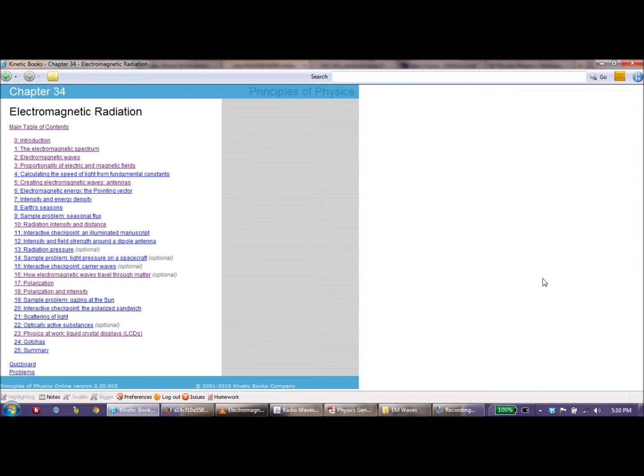The first section and the introduction go through what is called the electromagnetic spectrum. And then when you read in sections 2 and 3 about what electromagnetic waves are, you go on to section 5, talking about creating electromagnetic waves and antennas.